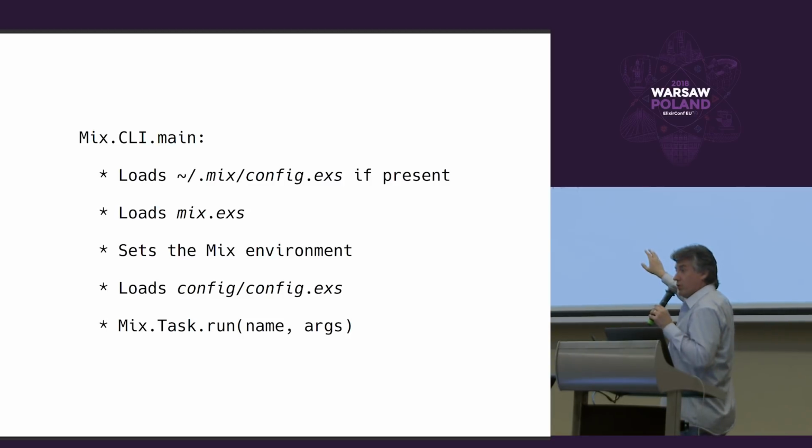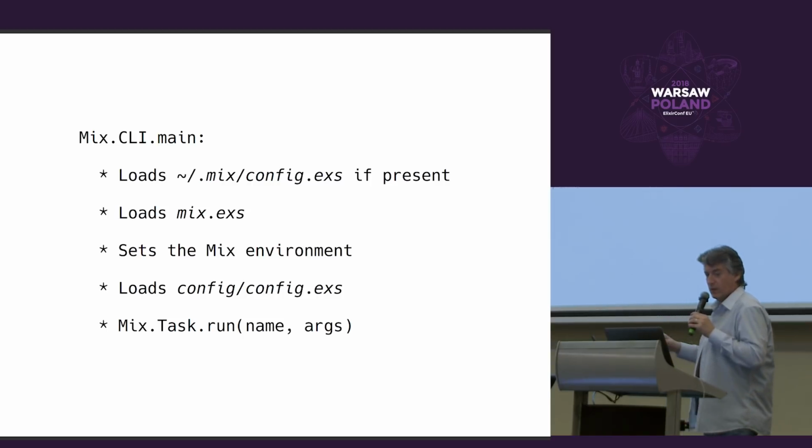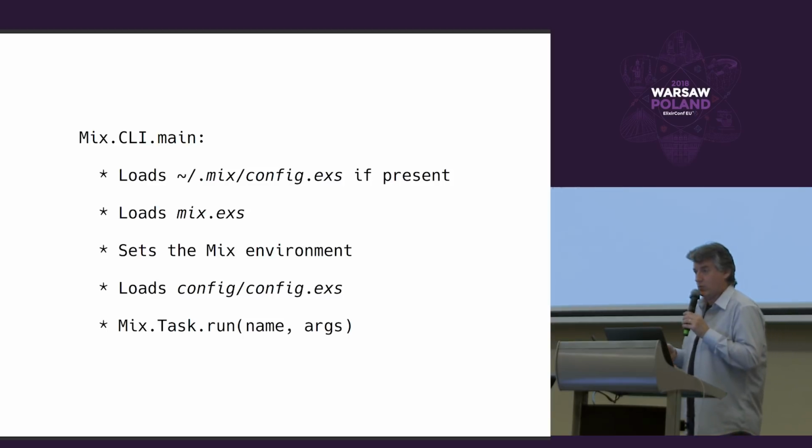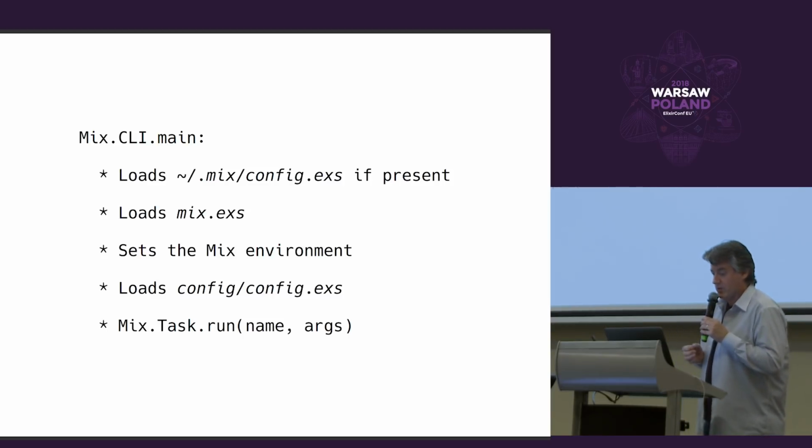At this point, we know which is the environment. So in the configuration, you normally have at the bottom a line to load, in addition to what is in this file, the one that corresponds to the environment, okay? So the environment is already set. The configuration is loaded early, and this is important, and we are going to see later how it plays a role, all right?